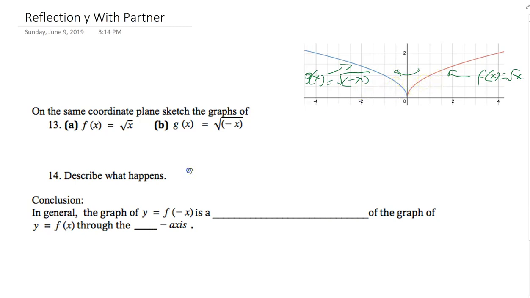So the graph of y equals f of negative x is a reflection of the graph of f of x through the y-axis.